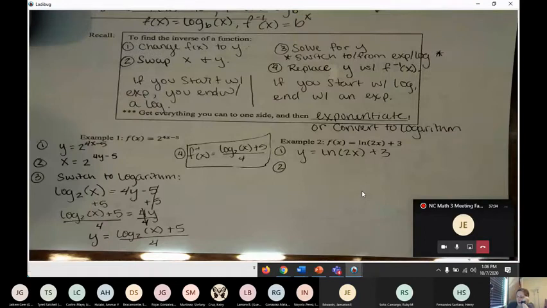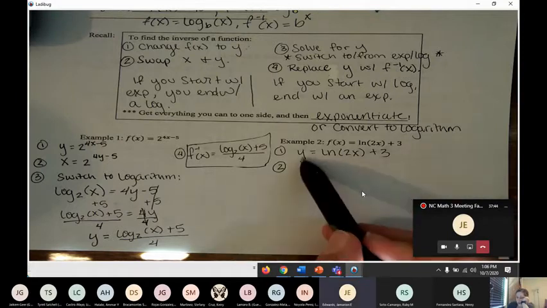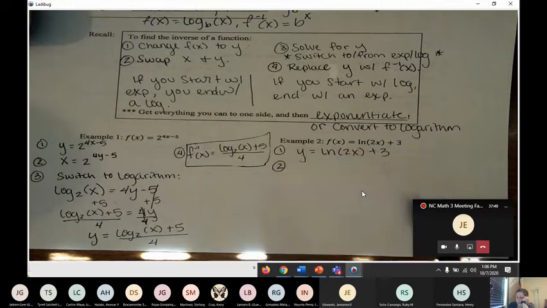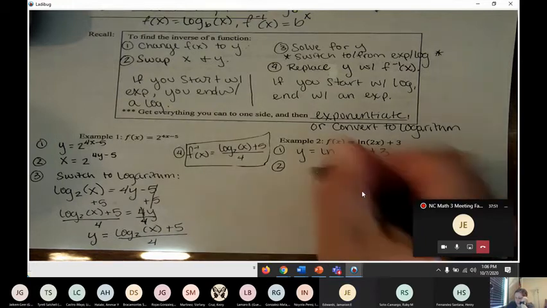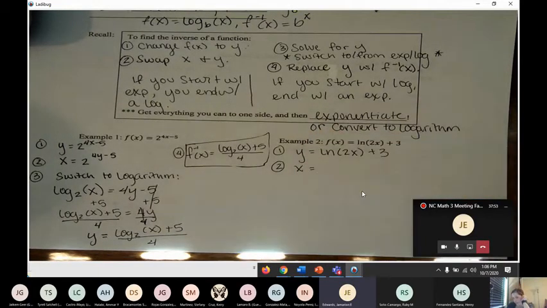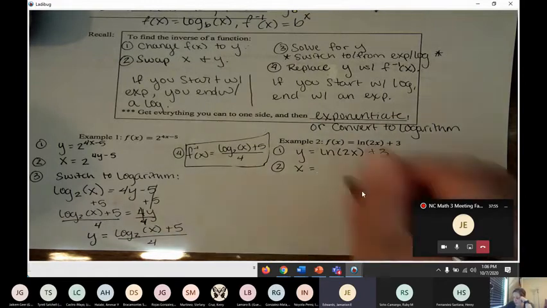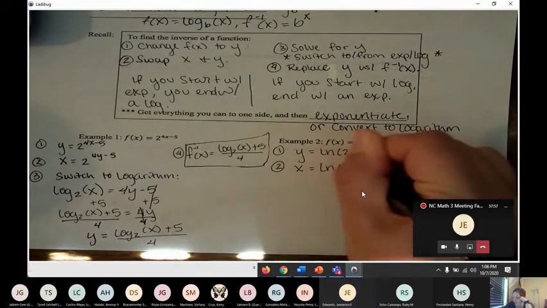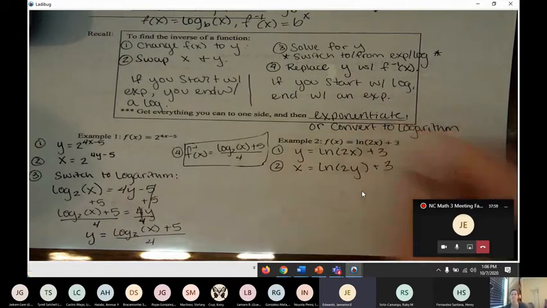So how do I rewrite it so I swap x and y? Y equals ln. So I already have a y here, but I want to swap them, right? Yeah. So what should be here instead? X. Yeah. Now what? So x equals ln parentheses 2y parentheses plus 3. Perfect. Thank you very much, Jamorian.